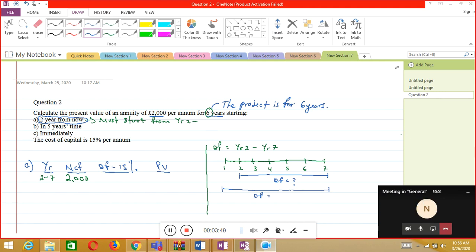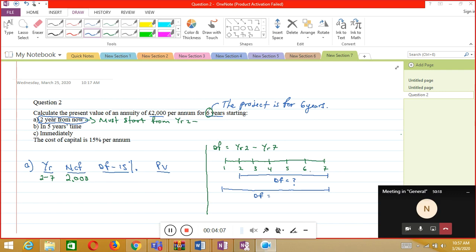So what happens here, you need to find from year 2 to year 7 discount factor, correct? Okay, so I already put a timeline here for you guys to easy to understand. So this is like year 1 to year 7. So you have 1, 2, 3, 4, 5, 6, 7.